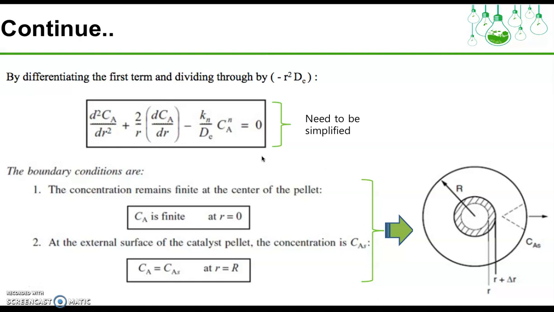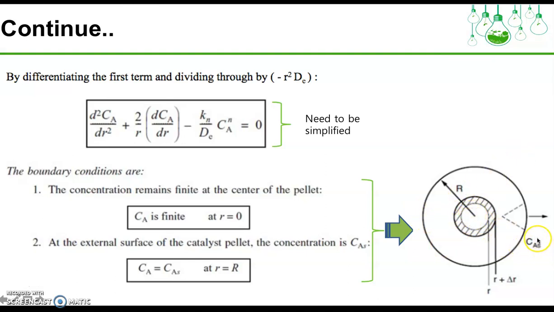To simplify it, we need boundary conditions, the same thing that we did in chapter 2. If you refer to this figure again, the radius of the catalyst is what we call capital R. The small r is the radius at any place in the catalyst.